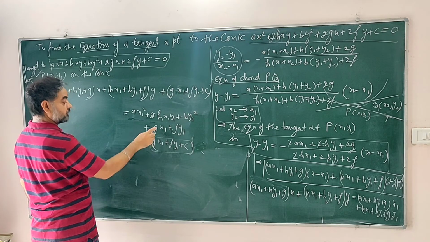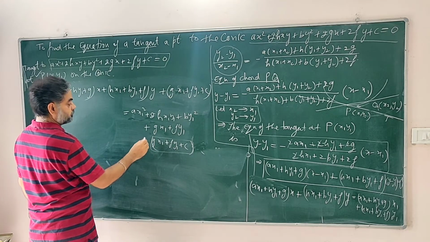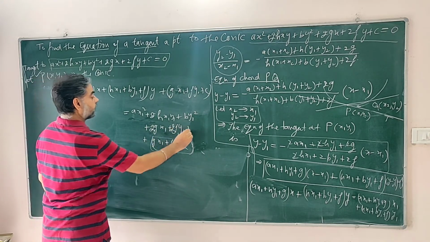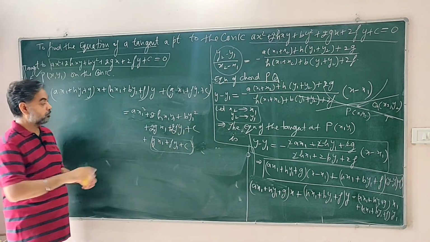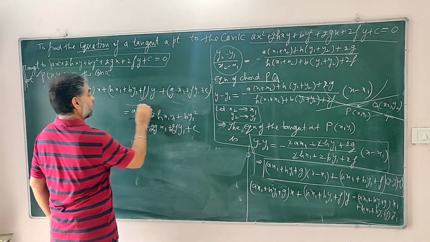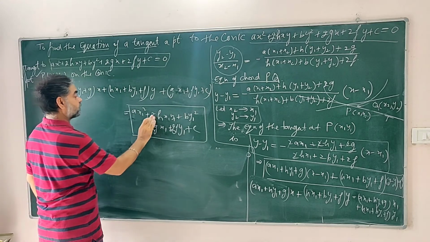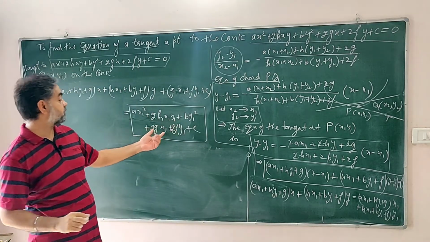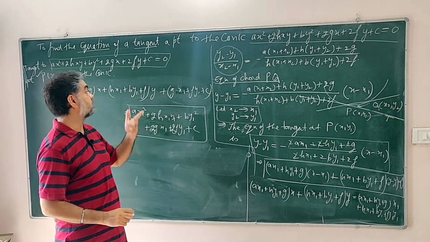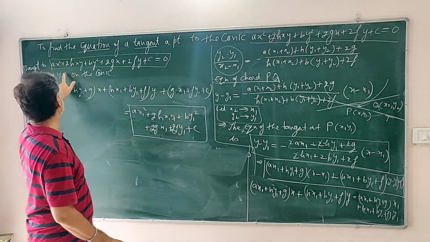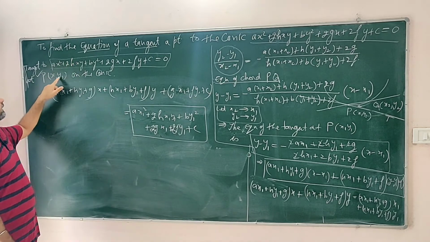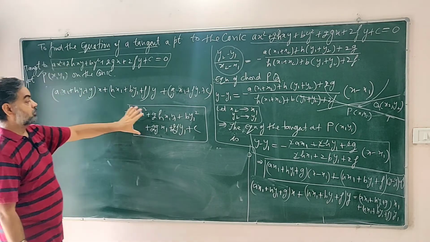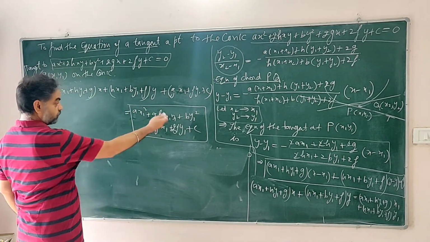But this plus this becomes 2gx1 plus 2fy1 plus c. So the right hand side is ax1 square plus 2hx1y1 plus by1 square plus 2gx1 plus 2fy1 plus c. But this is 0 because the point (x1, y1) lies on this conic. So this you put as 0.